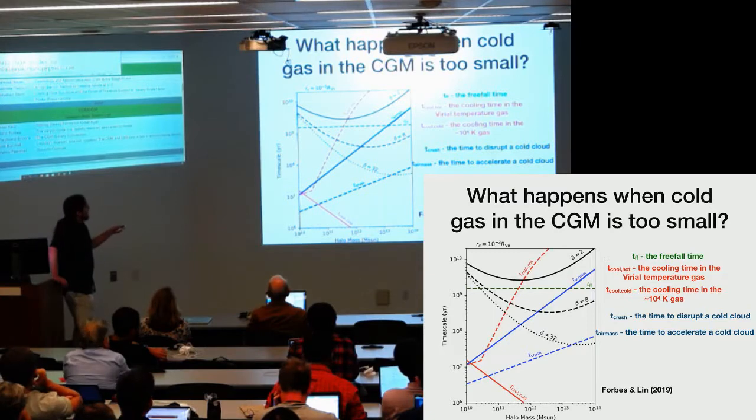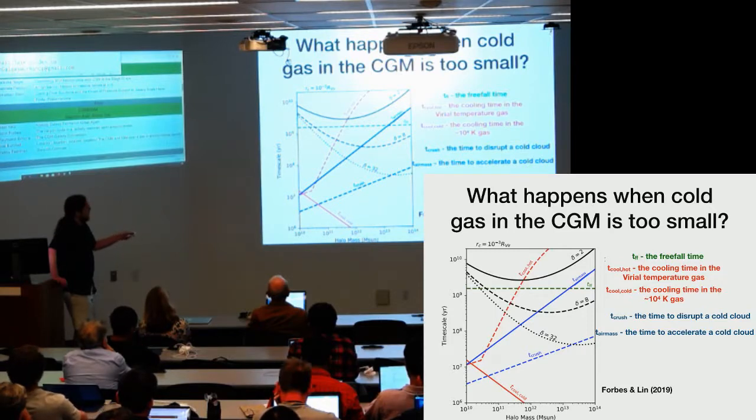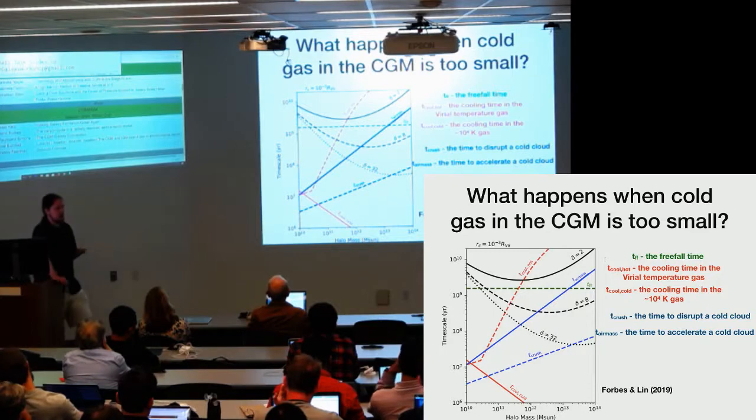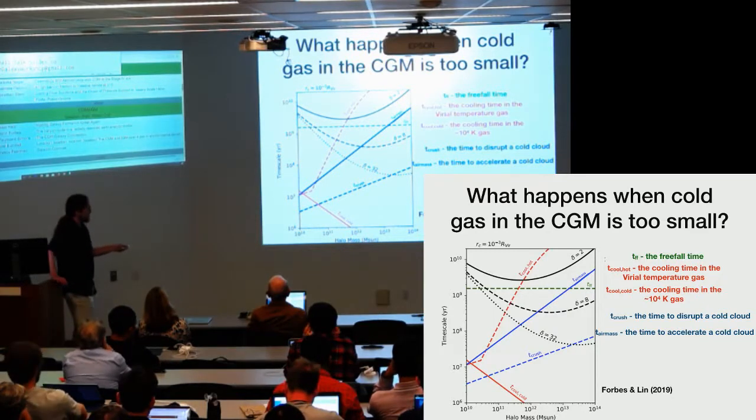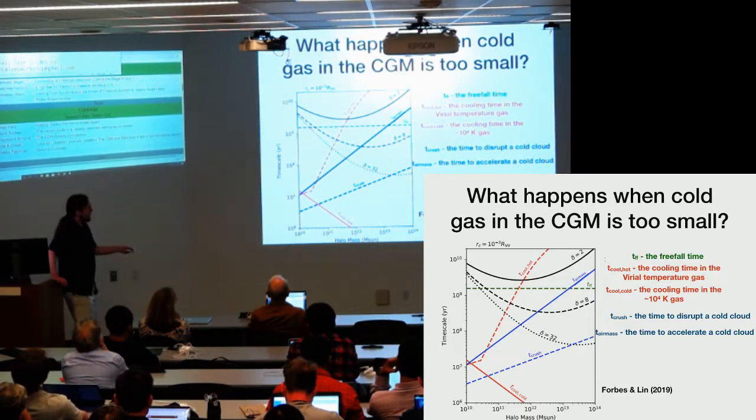These clouds have a size of 10 to the minus 3 of the virial radius. And there are two time scales associated with the cloud: one is the air mass time, one's the crushing time. The crushing time is the time it takes for the cloud to be shredded hydrodynamically. I think it's really important to note that in this regime where you actually have a hot medium, the cooling time of this material is extremely short.